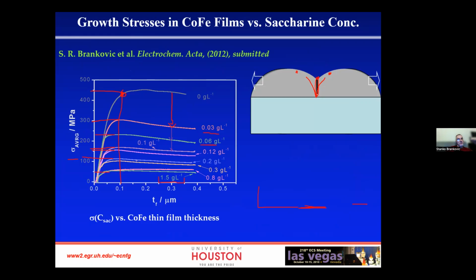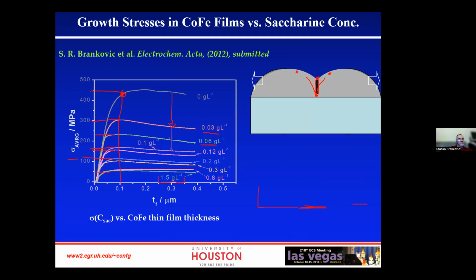So although the control of the stress does have benefits for mechanical performance, in terms of being on the safe side from film delamination and other issues, at the same time, from the magnetic point of view, adding too much additive in solution eventually will not make your coercivity keep dropping.